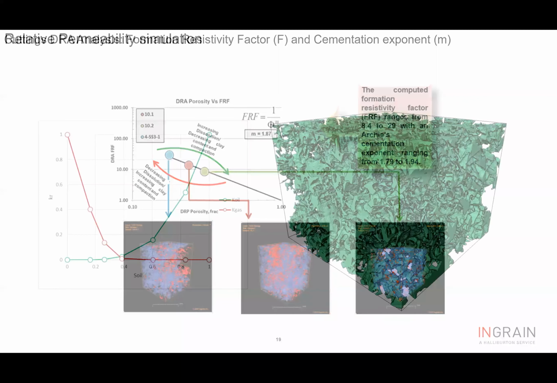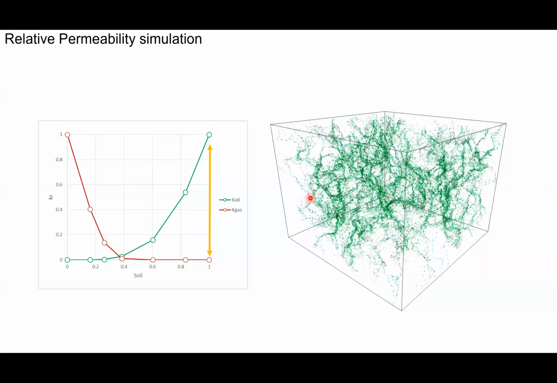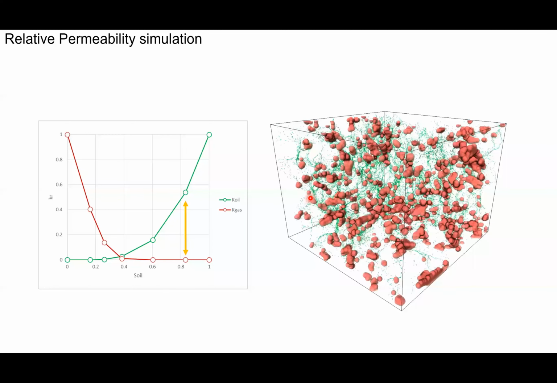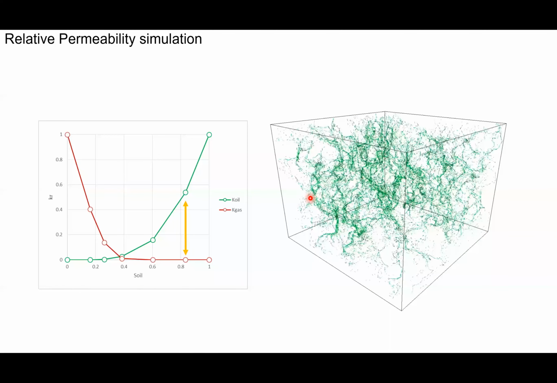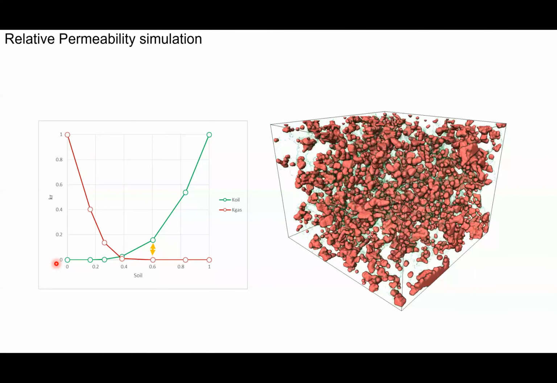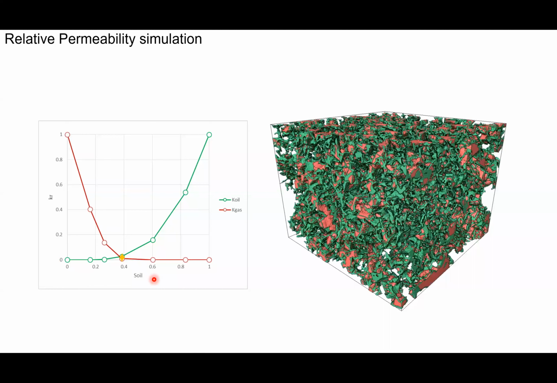So now let's look into some relative permeability simulation method or application. As I was saying, once you have that digital rock in your computer, you have the whole structure of the rock, the pores and the grains, and we are running a simulation here for two types of fluids, oil and gas, at different saturations. On the x-axis you're seeing the different levels of saturation, and on the y-axis the relative permeability.